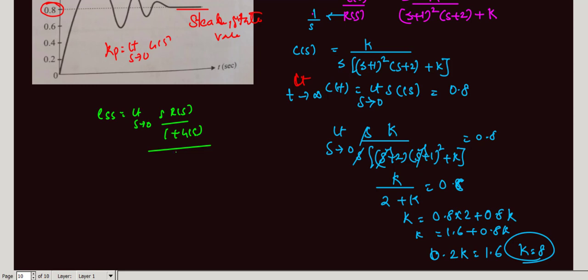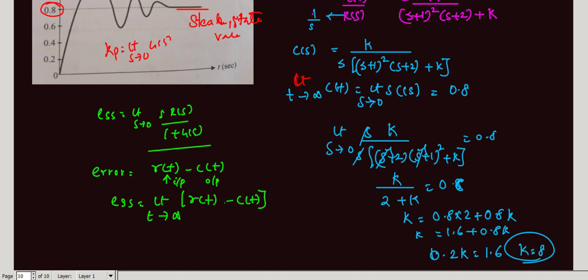We know that error is nothing but the deviation of the output from the input. This is the input and this is the output. So steady state error equals limit t tends to infinity of r of t minus c of t.